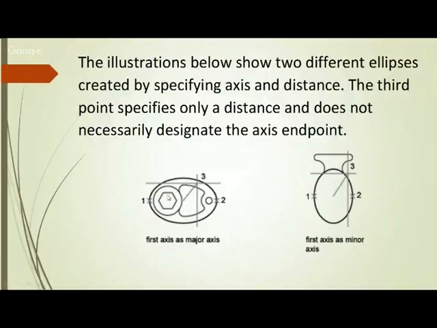But what is the procedure? You have to pick the first point as 1, 2 is the second point, and the third point is 3. This is the procedure 1, 2, 3.